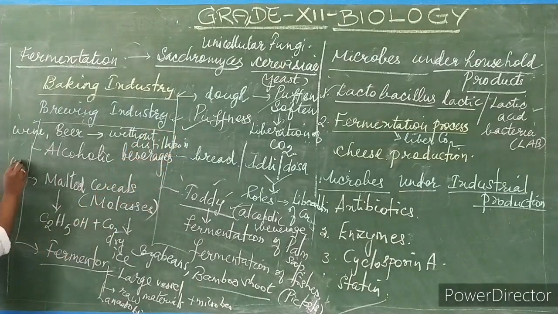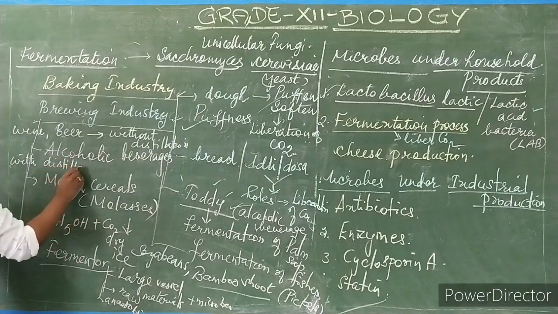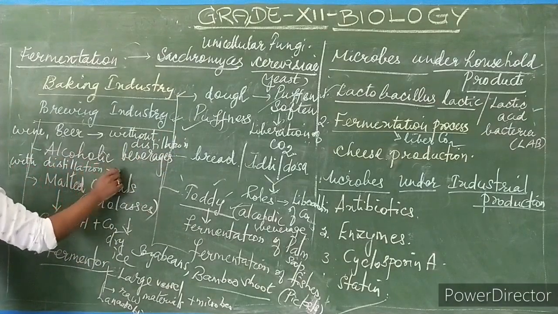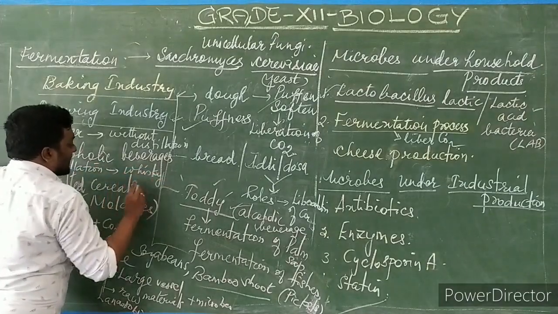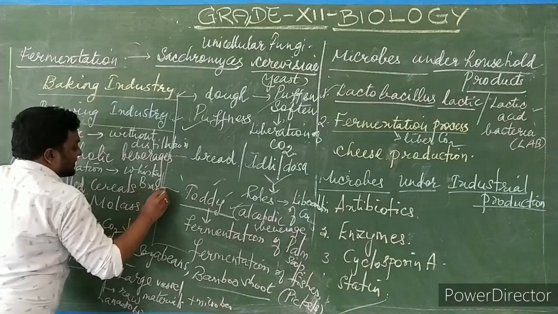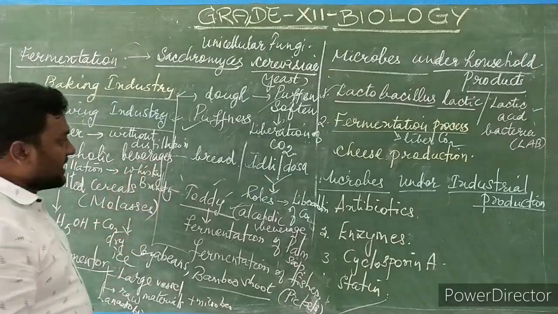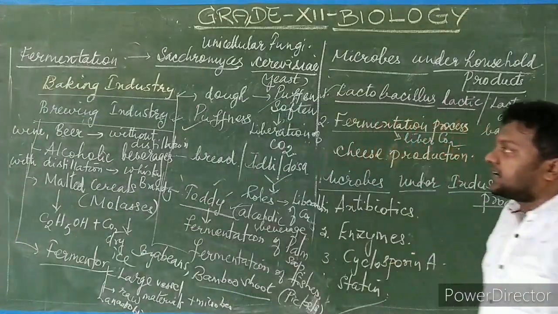Suppose we get it with distillation, then we call it whiskey, or otherwise brandy. Can you understand?